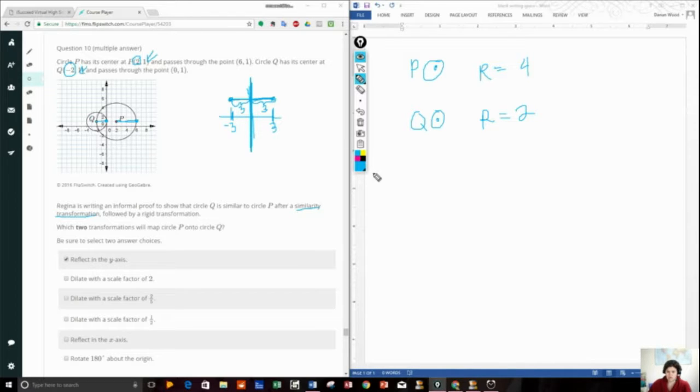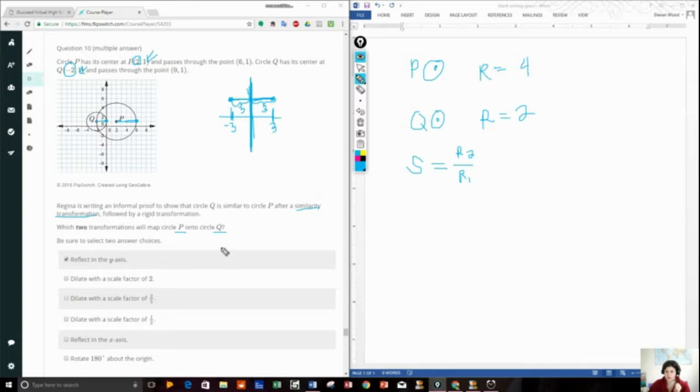Okay, so since I want to find the dilation scale factor, it's going to be radius 2 over radius 1. And since I want to map circle P onto circle Q, that means I want to shrink circle P, since it's the larger one. So it is going to be my radius 1.